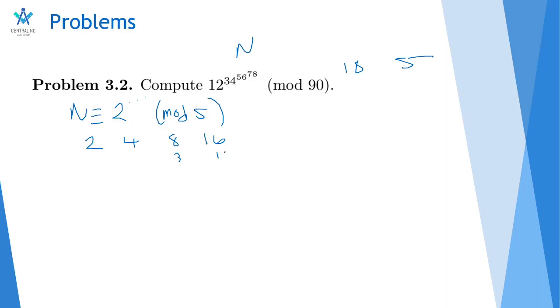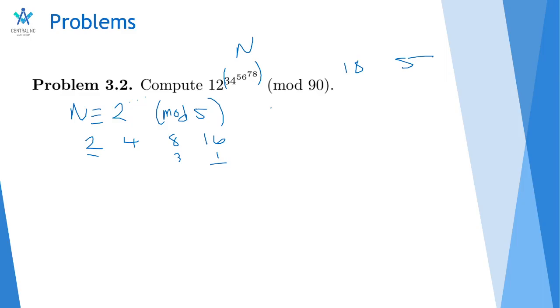So that means every multiple of 4 in the exponent gives us 1 modulo 5. So if you can find this exponent modulo 4, it will tell us which one of these residues to use. If it's 1 mod 4, we use this residue, 2 mod 4 this, 3 mod 4 this, and 0 mod 4 this. So let's look at that.